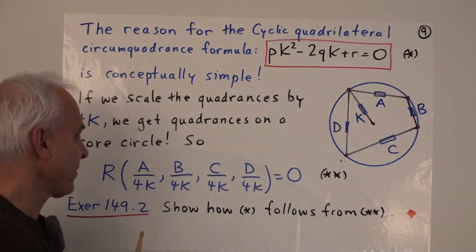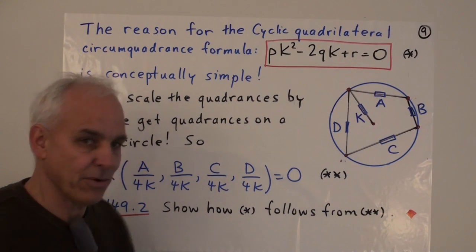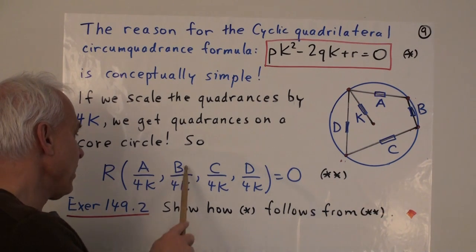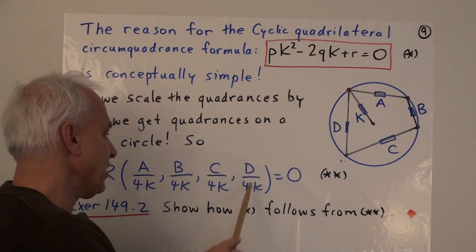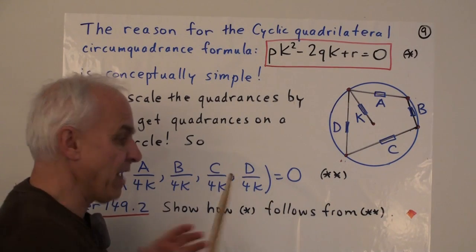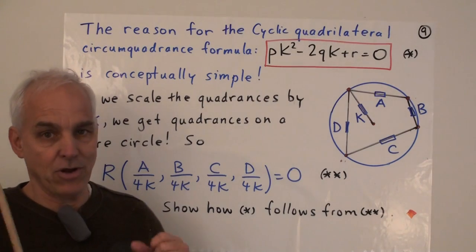And then the R function applied to them will be 0. So R of A over 4K, B over 4K, C over 4K, D over 4K equals 0. This follows from rescaling and the fact that we know about the story for a cyclic quadrilateral on the core circle.